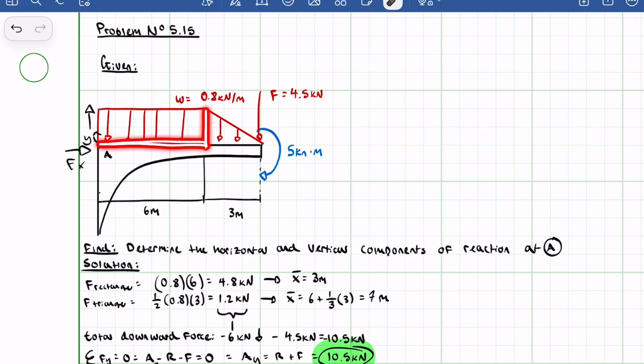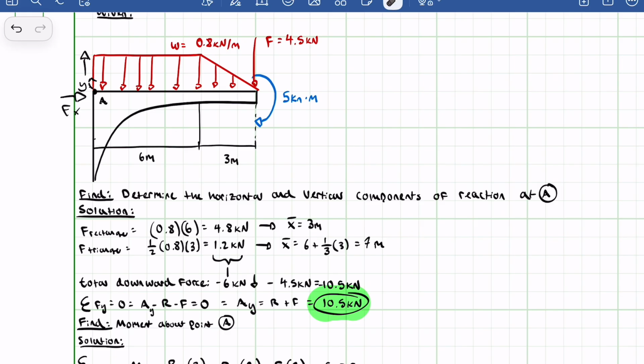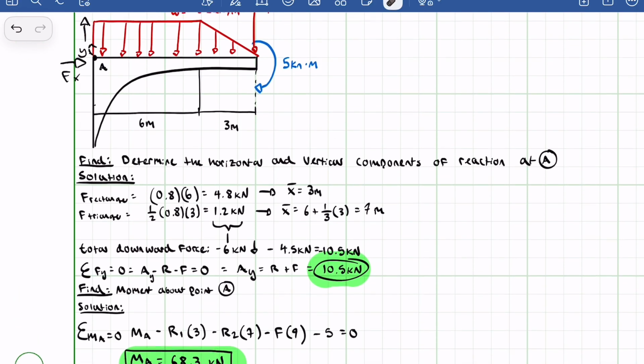So 6 times 0.8, that equals 4.8 thousand newtons. And if you recall, finding the centroid of a rectangle is pretty easy. You just chop it in half, and it will be right in the center. So the center of 6 is going to be 3. So you have your X centroid, and you have your total force applied over that distributed load.